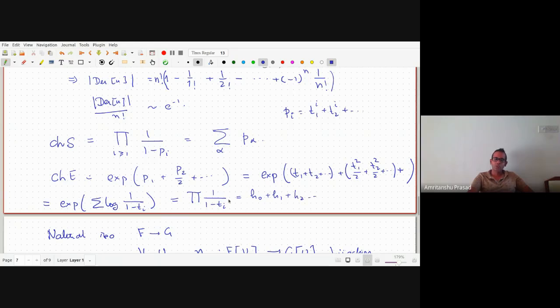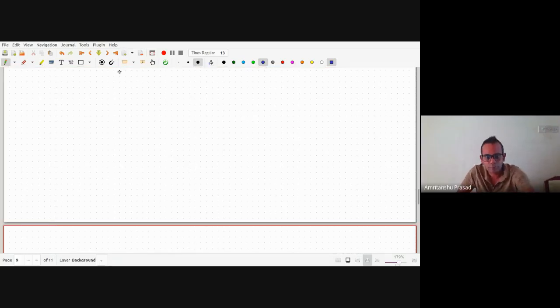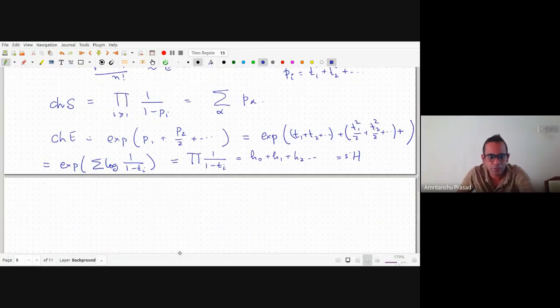The homogeneous parts of this expansion are called the complete symmetric functions, H1, H2, H3. So HD is just taking all possible monomials of degree D, each one exactly once, and that gives HD. So usually this sum is denoted by capital H.